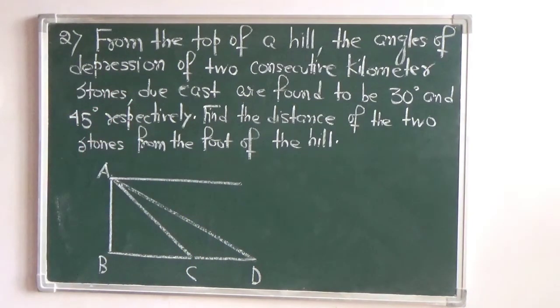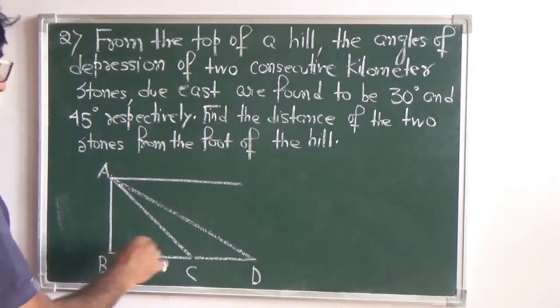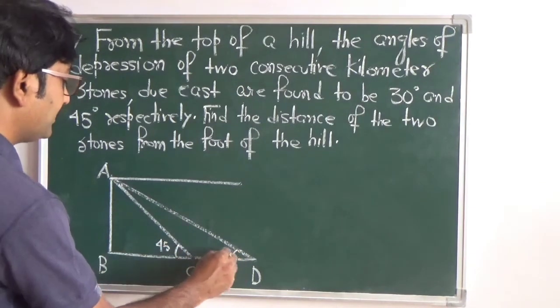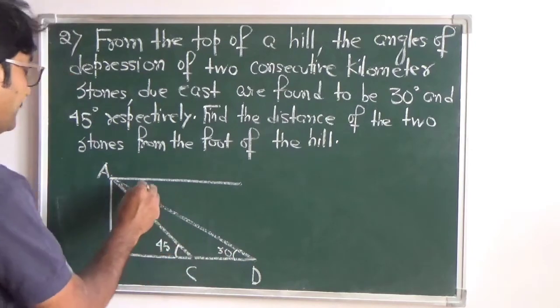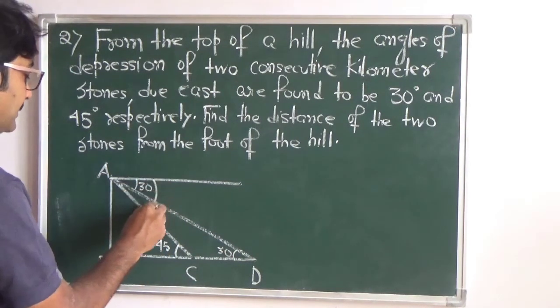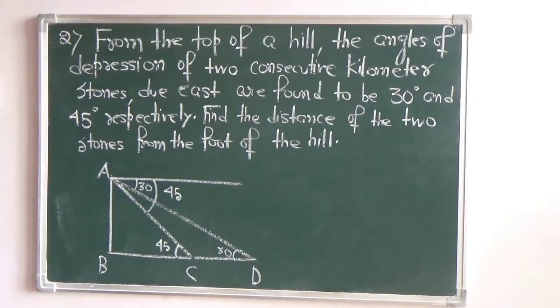So angle of depression first you have to show on the diagram. So the angles of depression are 30 and 45. This is 45, this is 30. That means this angle is 30 and this angle is 45. Right? So this is the diagram.